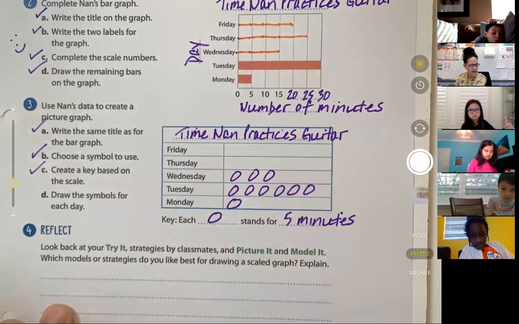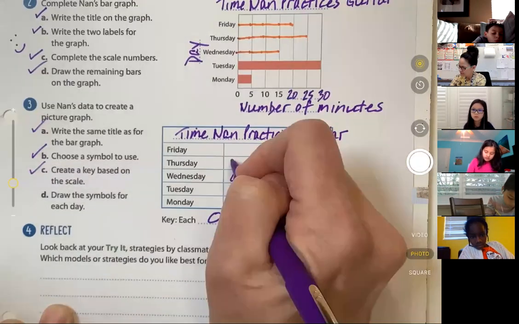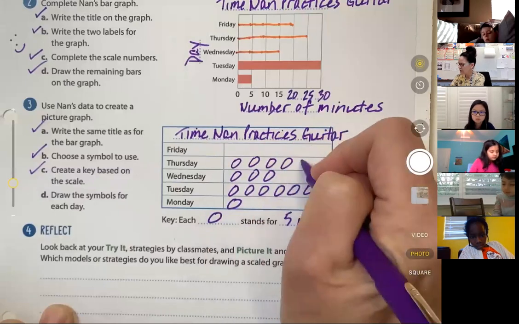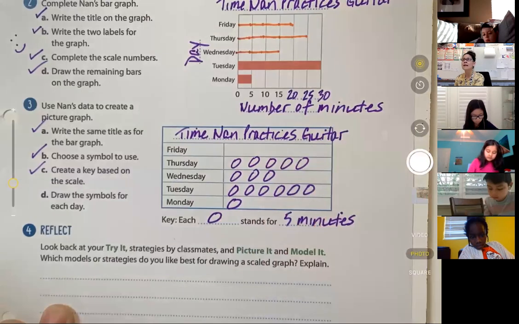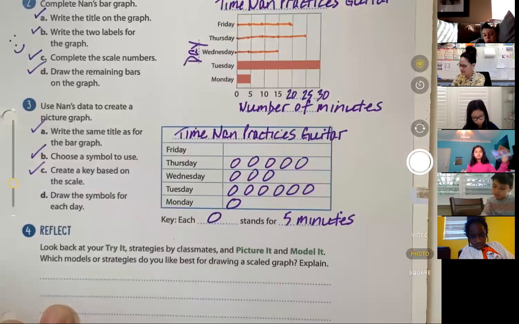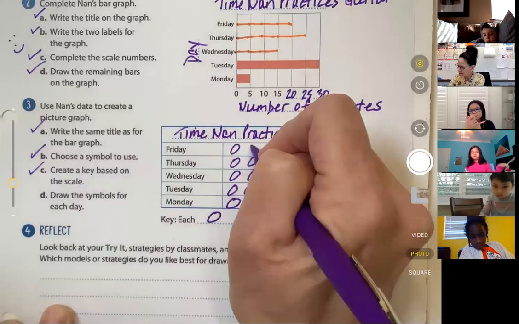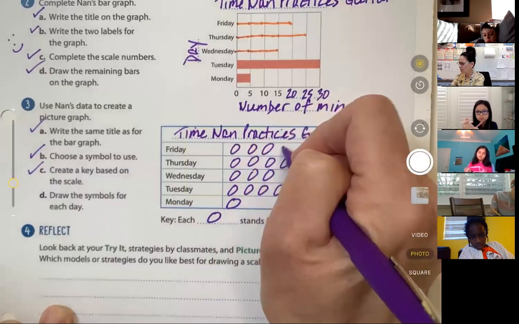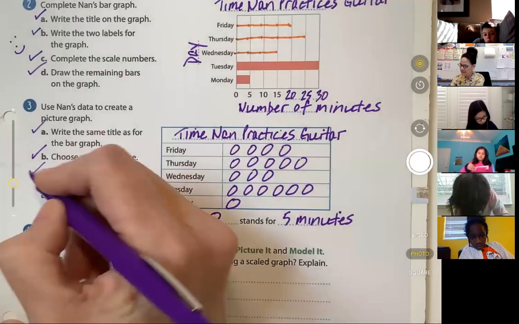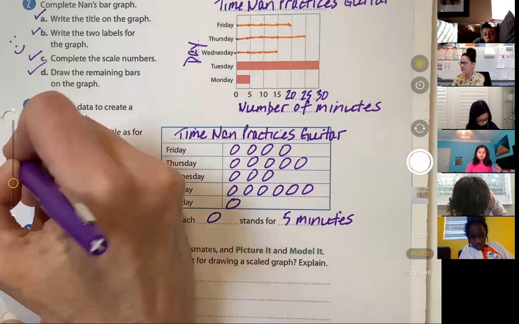Thursday, we said 25 minutes. 5, 10, 15, 20, 25. And today, Friday, it was 20 minutes. 5, 10, 15, 20. And that, friends, is our picture graph. And then I can give myself a check mark and another little smiley face.